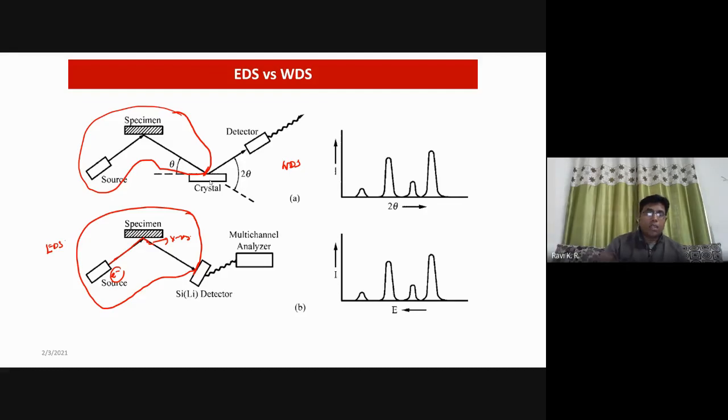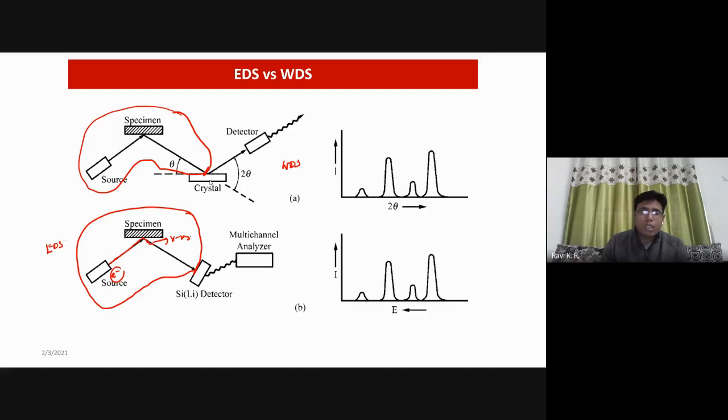Many concepts are very similar, because you can use EDS and WDS in an SEM. In fact, you can use them in a TEM, but the construction of a TEM has a lot of problems. You cannot introduce that kind of detector in a TEM. That's the reason there is no TEM in the world that consists of WDS.